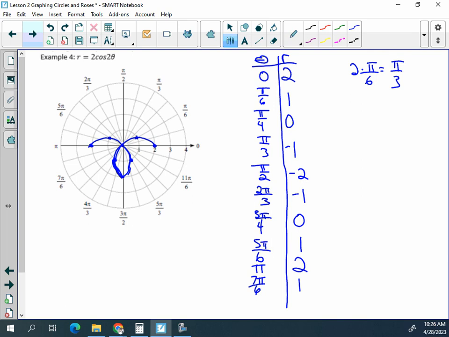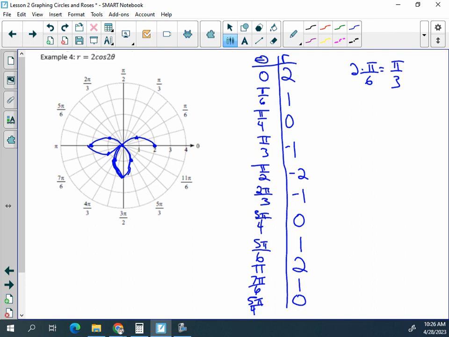So at 7 pi over 6, I'm back to 1. At 5 pi over 4, multiplying by 2 gives me 5 pi over 2, cosine 0, 0 times 2 is 0. Hopefully we're starting to see something form here.